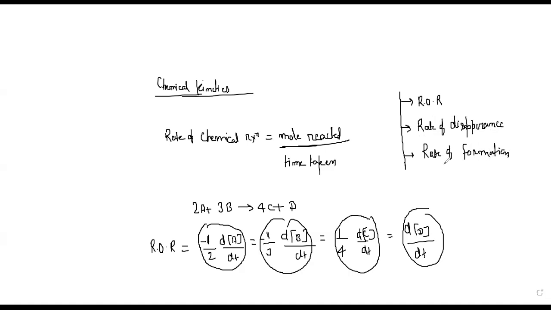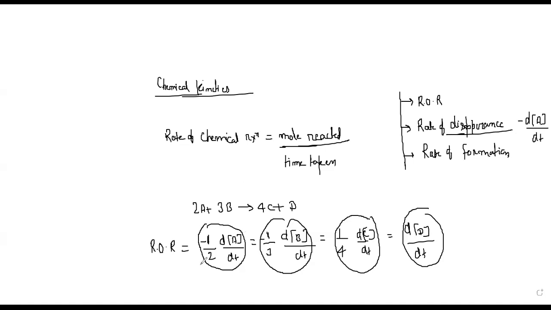If I am saying that this is the rate of chemical reaction, the whole value minus 1 by 2 into dA by dt will be the rate of chemical reaction. But if I am asking what is the rate of disappearance of A, this value will be equal to only minus dA by dt.